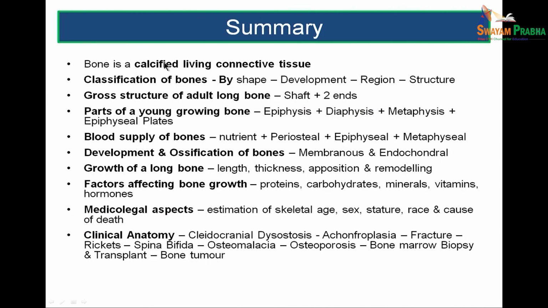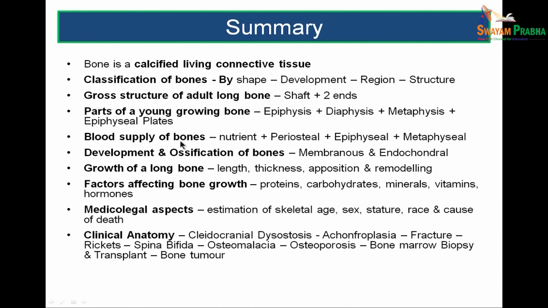Let us summarize what we have studied today. Bone, we said it is a calcified living connective tissue. We have classified bones based on their shape, development, their region and structure. We talked about the gross structure of the adult bone having a shaft with two ends, the parts of a young growing bone, the epiphysis, the diaphysis, a metaphysis and the epiphyseal plates.